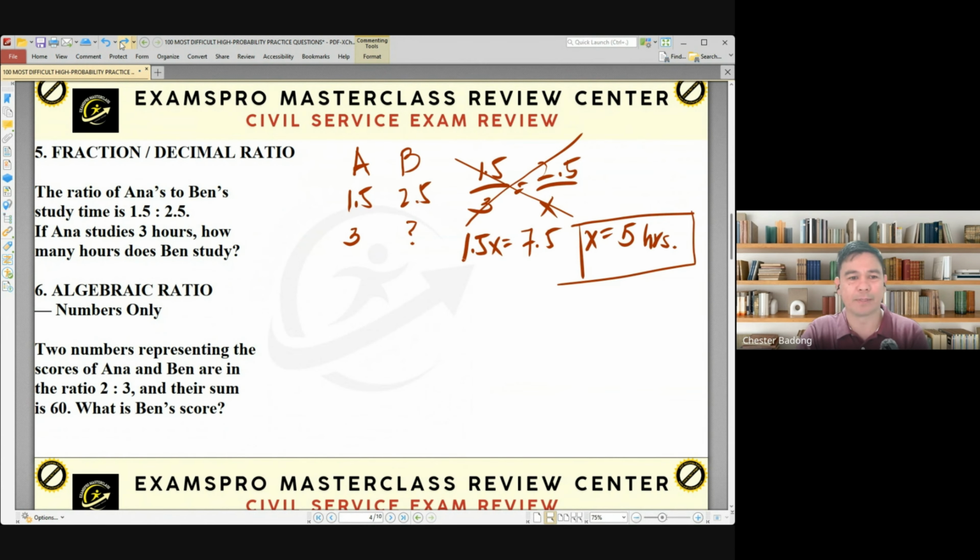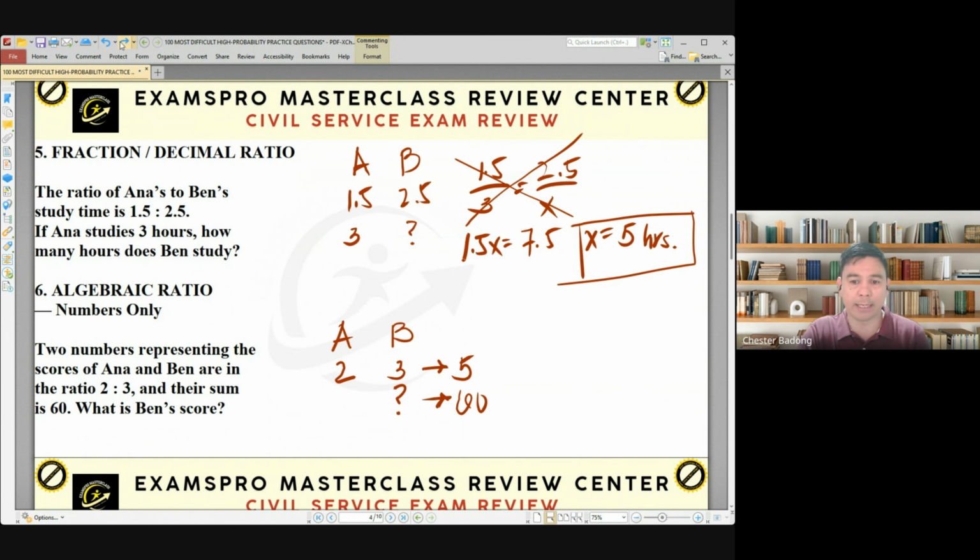Next one po. Two numbers representing the scores of Anna and Ben are in the ratio 2 is to 3, and their sum is 60. What is Ben's score? Alright, gawa po tayo ng table. 2 is to 3. Okay. Yung total nila, 5, yung parts. Pero yung actual score nila is 60 po.